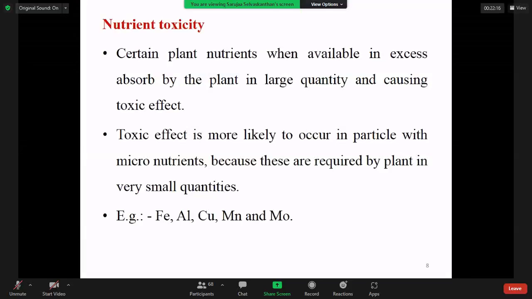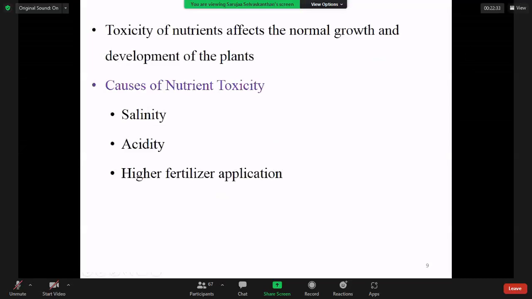If it is in excess of the required level, definitely there will be toxicity for these nutrients in the plant. Toxicity of nutrients affects the normal growth and development of the plant. Farmers think that if they fertilize these nutrients at a higher level, they can get the maximum yield. But if toxicity occurs, definitely you lose your field.